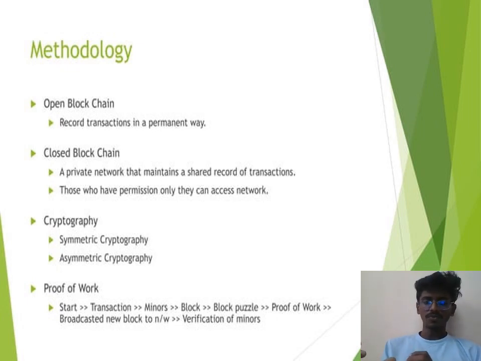Then we have the proof of work. Broadcast a new block, and the received signal will be broadcasted. Verification of the miners, and verification of the vote for the candidates which the voter has chosen. This is the proof of work in this methodology slide.